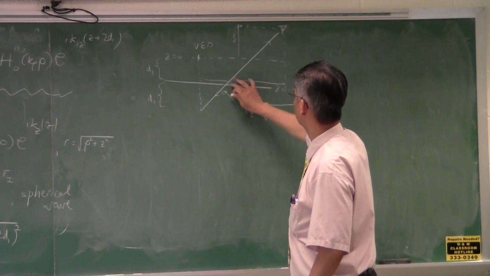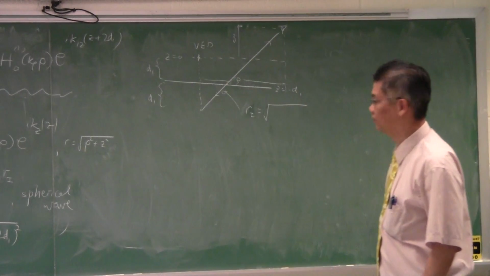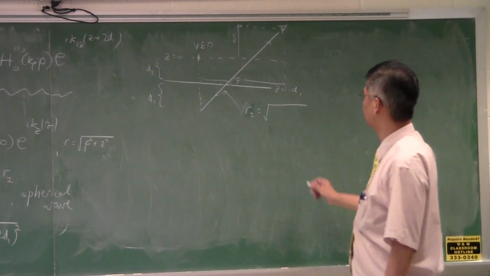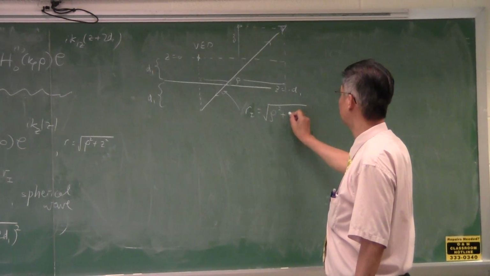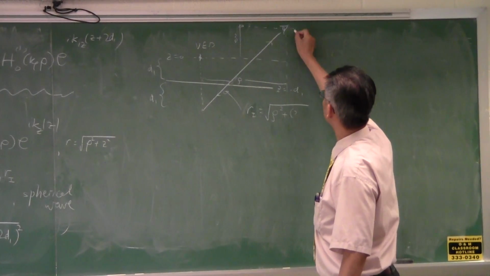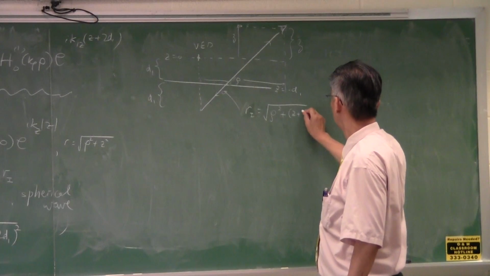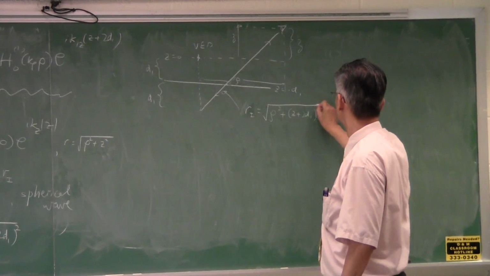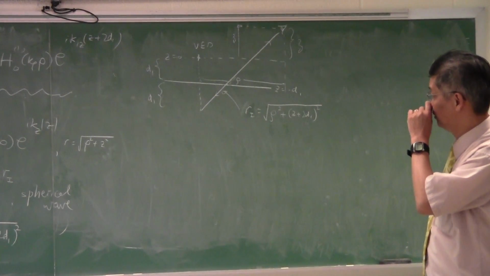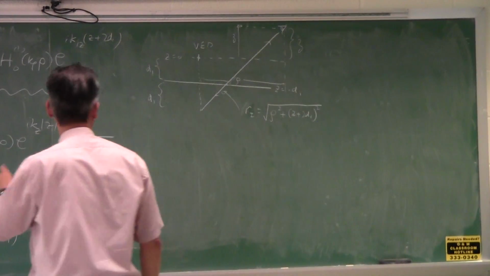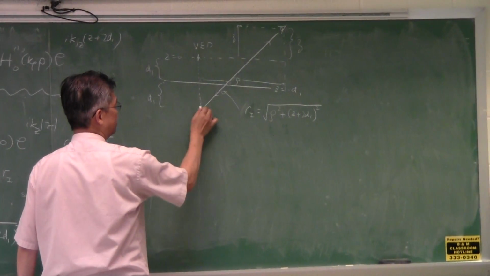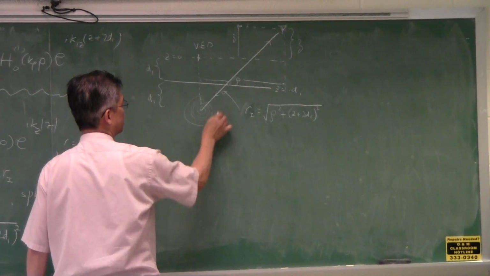Ri, if you look at this, and if you know Pythagoras theorem, this distance is z plus 2d1, and so this is a spherical wave that is emerging from this image point.